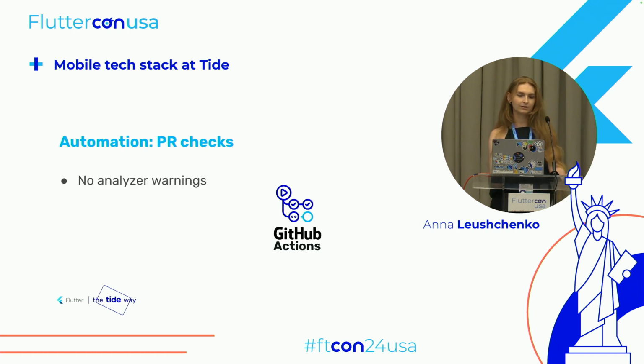First, we run Flutter Analyze to make sure that new code has no warnings. And there is an interesting trick we apply here and actually in many other actions. You see, running Flutter Analyze on the entire project will take unacceptably long, honestly.